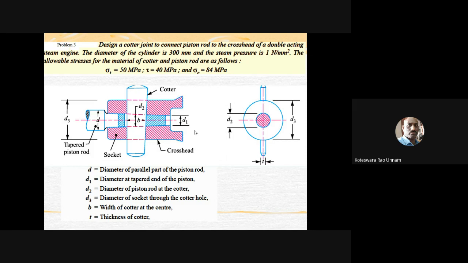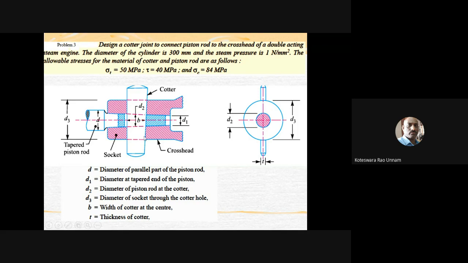You can refer here, this is a different diagram, but it is quite similar. The number of dimensions you need to calculate is small compared to the previous one. So here you have to calculate only D, D1, D2, D3, B and T.